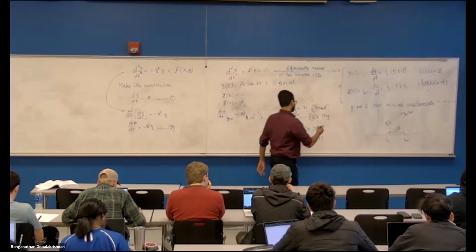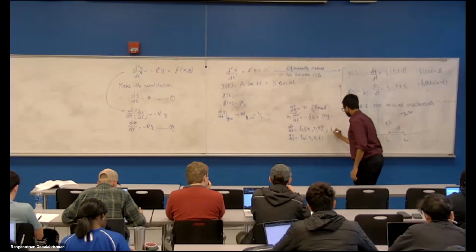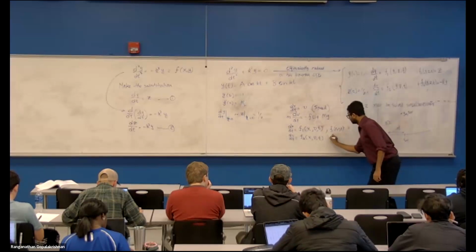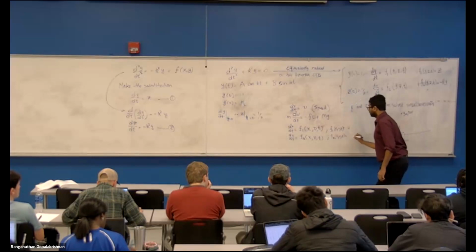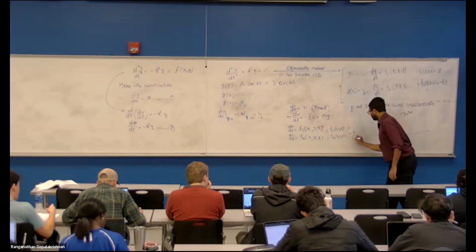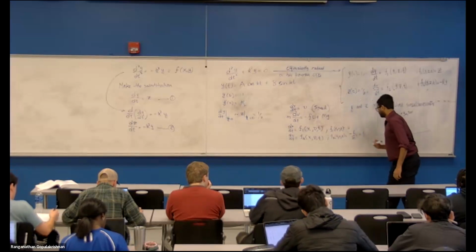So you can write f1 of x, v, t is v, and f2 of x, v, t is minus f over m times v plus g.